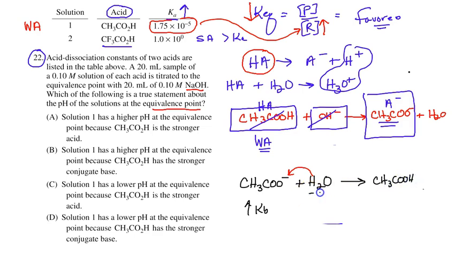But more importantly, when you pull the H away from the water, you produce a hydroxide. And that hydroxide that gets produced, because of the conjugate base being produced at the equivalence point and it having an ability to pull an H, creates a scenario where your pH is greater than 7 at the equivalence.